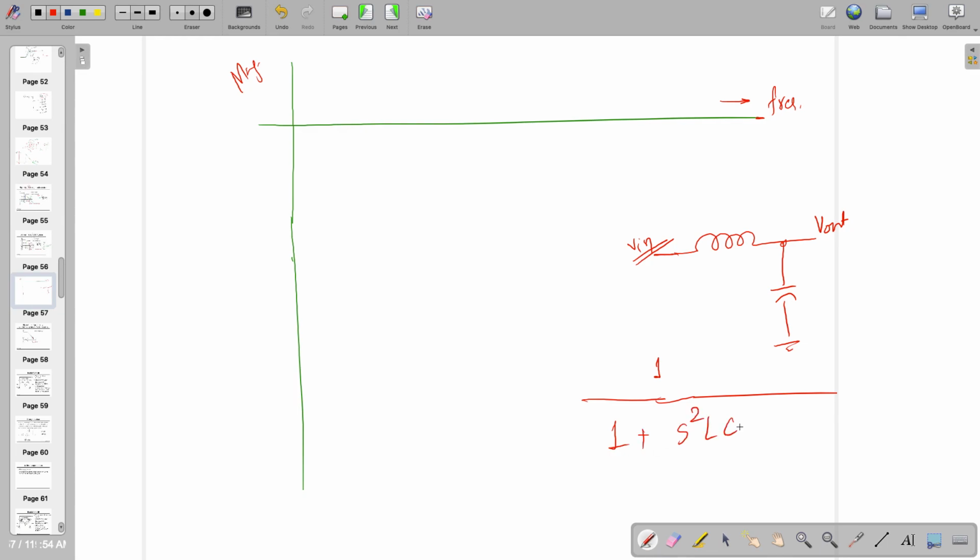Pole locations are at plus or minus 1 by root LC, right? Actually, K by root LC. In that case, this is not going to happen. Two poles means it will look like this one, where locations are 1 by root LC. So two poles are available here with minus 40 dB per decade. This is going to be the same.